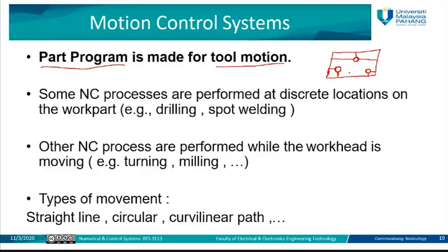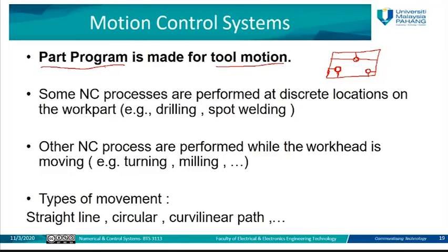But if we are using CNC machines, there is no need to do all these things. We only need to write the part program with specific coordinates to define where the first hole is and how the machine will move: is it right, left, up, down, front, back?